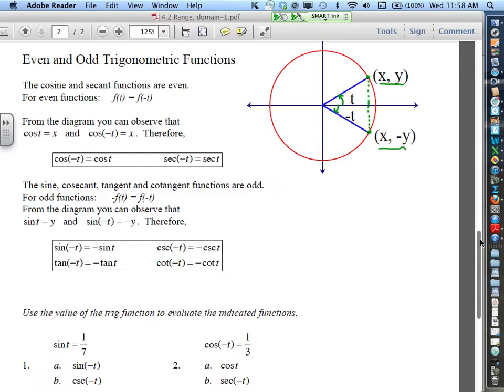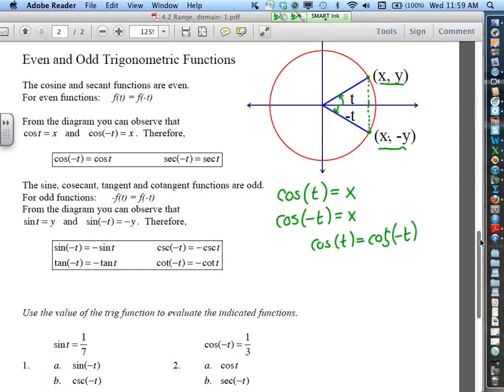If I look at the cosine of angle t, I would have my x-coordinate. If I look at the cosine of negative t, it's still my x-coordinate, the same value. So whether the angle is positive or negative, I still end up with the same value. They're equivalent.